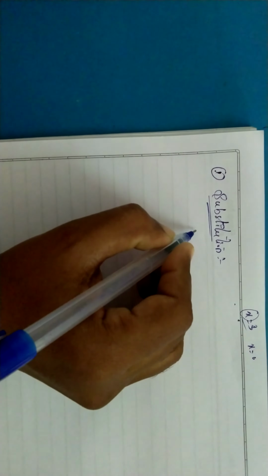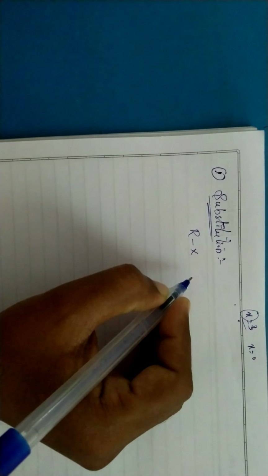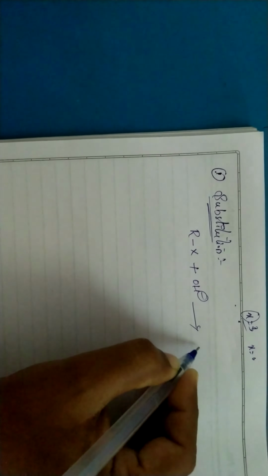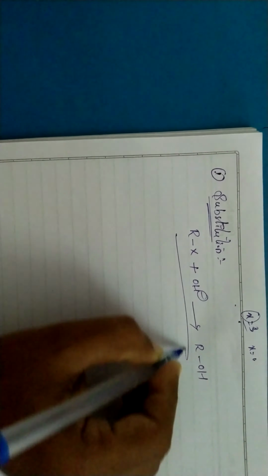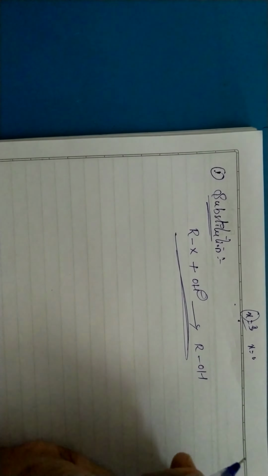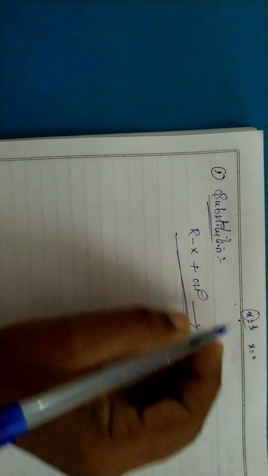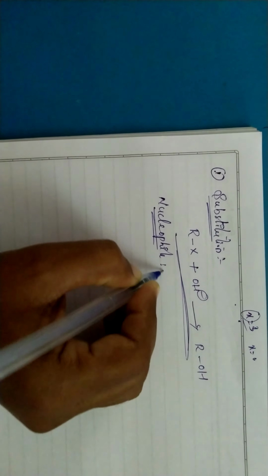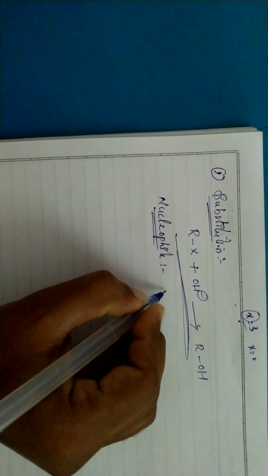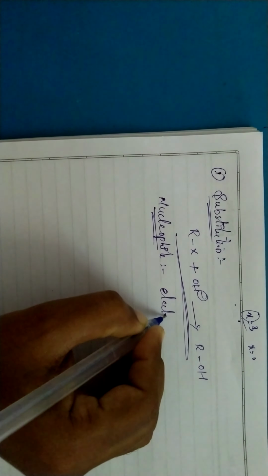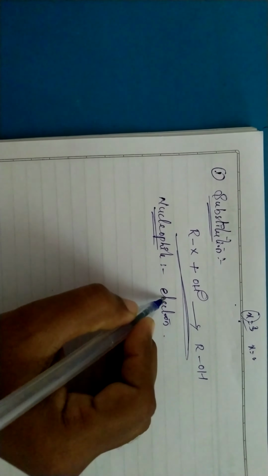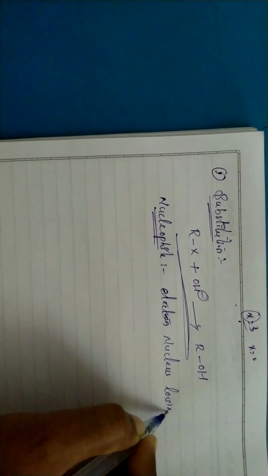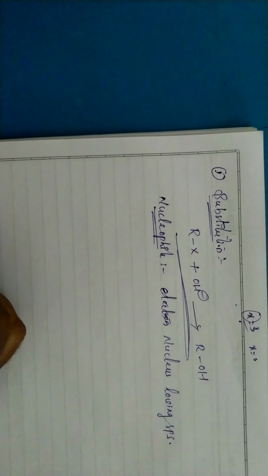Here, when our alkyl halides undergo a substitution reaction with any nucleophile, we will get like this. So this is the general reaction of substitution. Before this we have to understand what a nucleophile is. Nucleophile is nothing but a nucleus loving species.